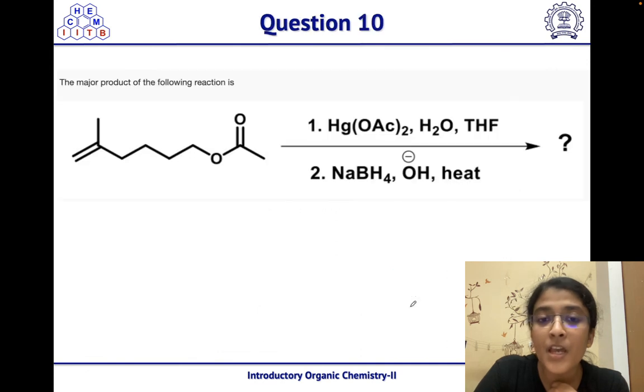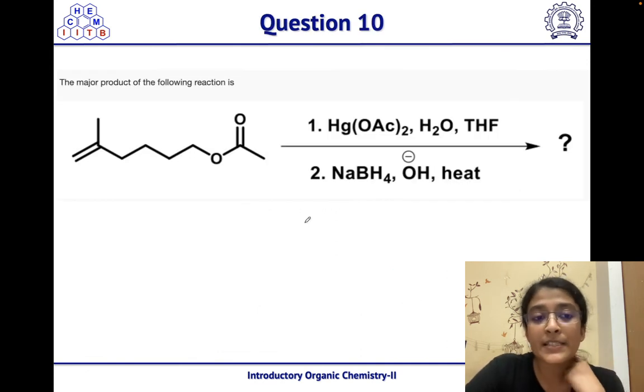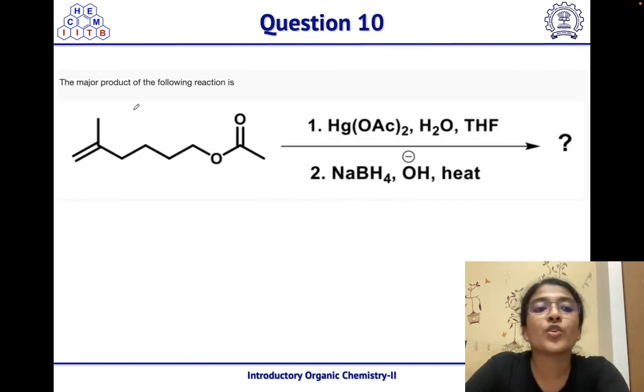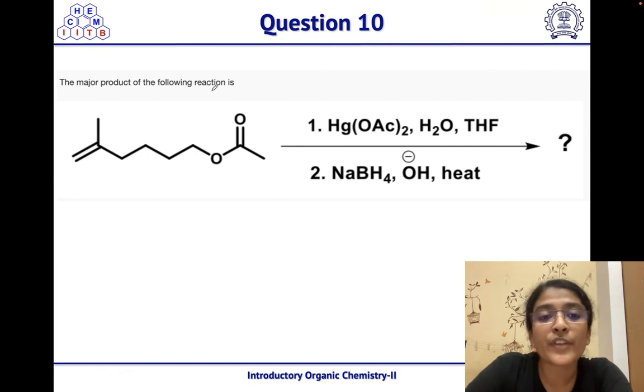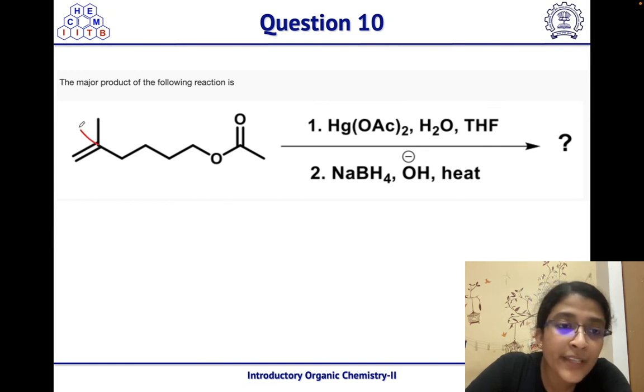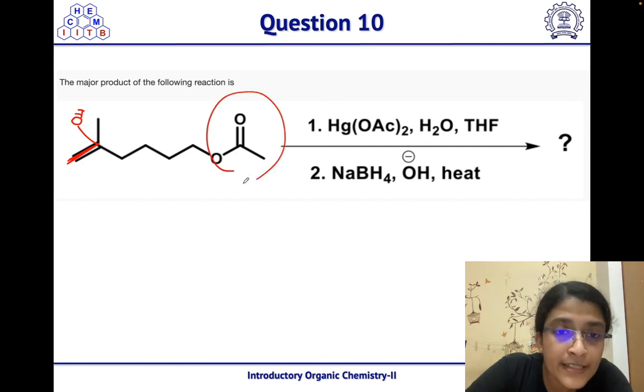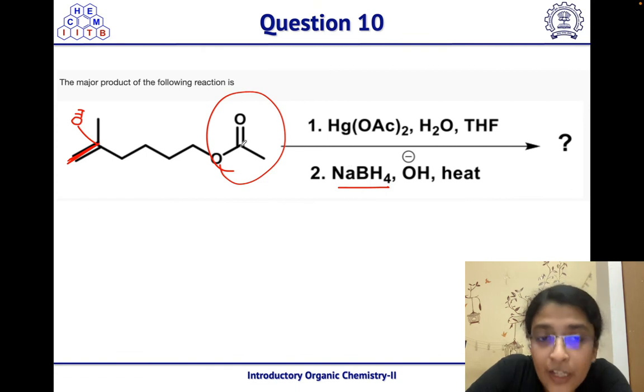Yes, ma'am. So this was our question. What is the major product of the following reaction? Once oxymercuration reduction takes place, here there will be alcohol. Alcohol will form on the more substituted carbon, and here there will be alkane. And since here there is an ester in presence of NaBH4, this ester will also reduce into alcohol.